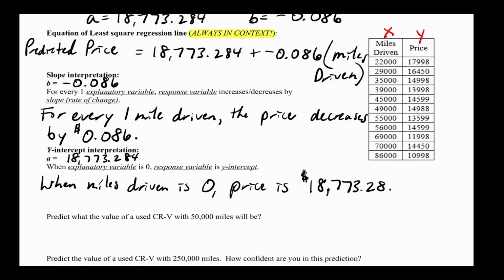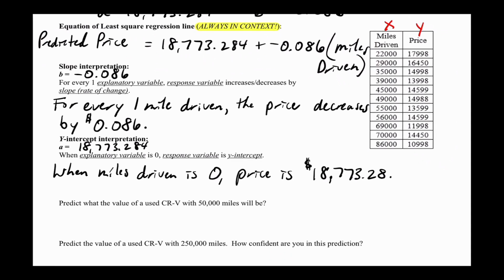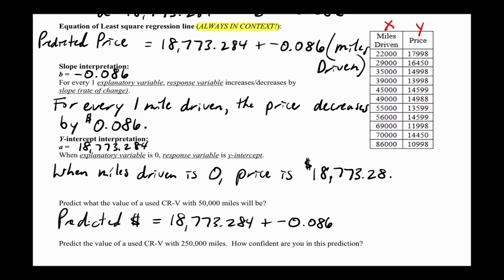Okay, so I can use this equation to come up with my price. Predicted price equals 18,773.284 plus a negative 0.086, but instead of miles driven, I'm going to put in 50,000.